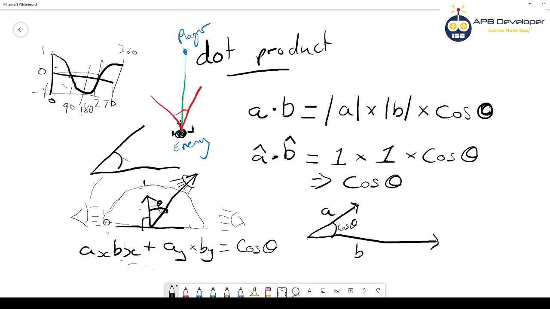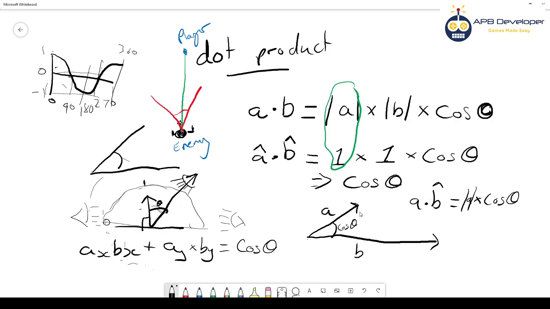If A isn't a unit length, so it's not normalized, this part here, different color, this part here wouldn't be 1 because it's not a unit vector, hasn't got length of 1, therefore this would not be 1. So what we would actually end up with in that situation is we'd end up with A dot B, we'll keep B as a unit vector, equals the length of A times cosine of theta.